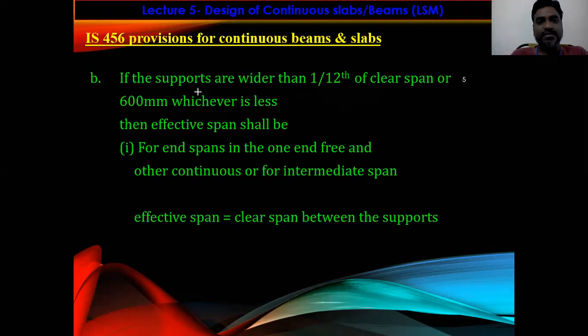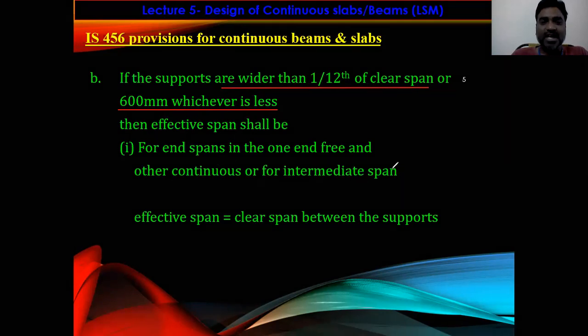If the supports are wider than 1/12 of the clear span or 600 mm, whichever is less, here you need to consider two cases. One is if the width of the support is greater than 1/12 of the clear span or 600 mm, whichever is lesser.